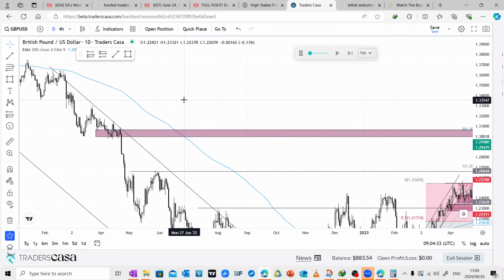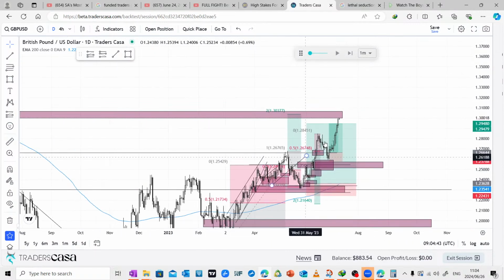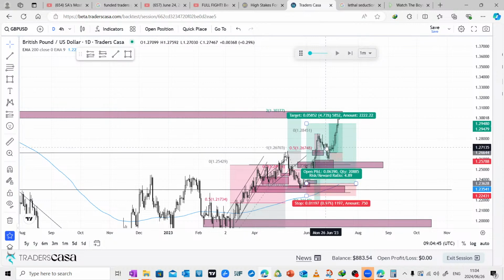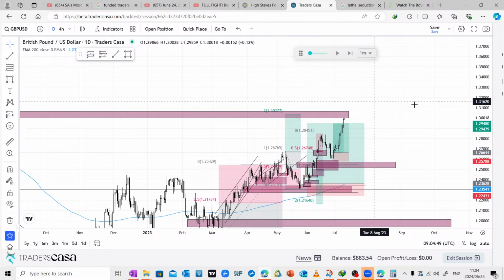So I'm not saying we can, but if it's the first time tapping into it, we might have a retrace, right? And our retrace might feed into this bearish order block right here. So what we're gonna do is we want to see a change in character in there.